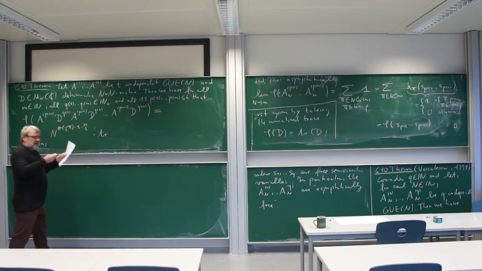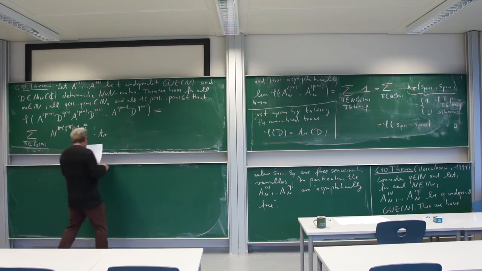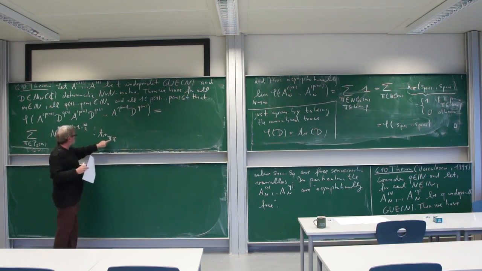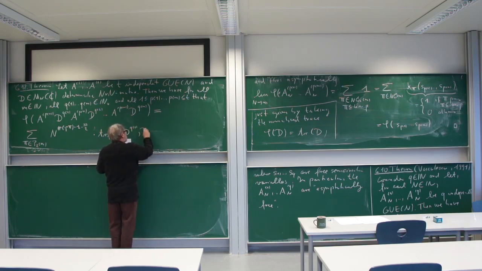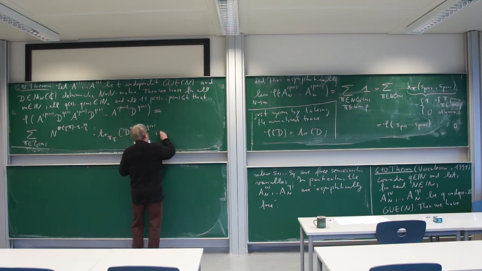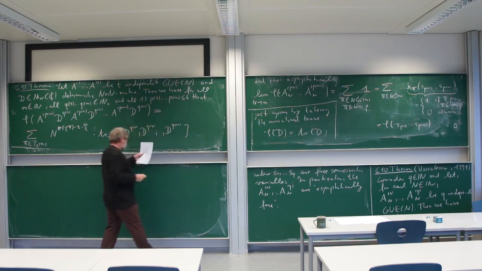And actually, what we get is a product of traces, and this product is a product along pi gamma or gamma pi applied to the D matrices which I have, so applied to D_{Q1}, D_{Q2}, up to D_{Qn}.